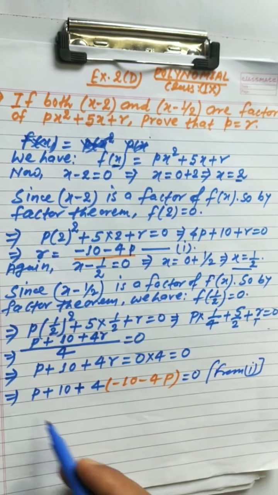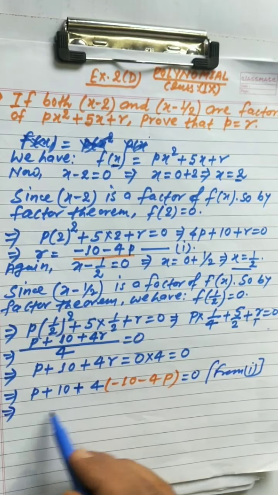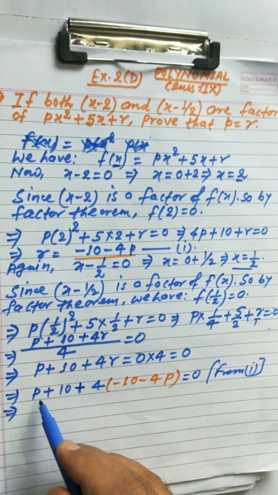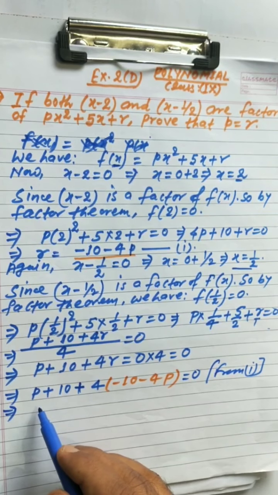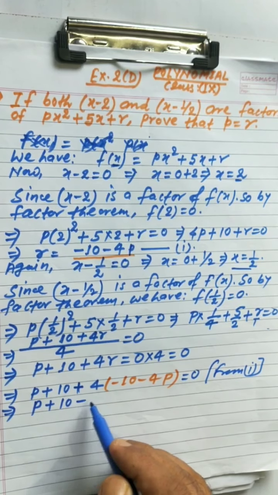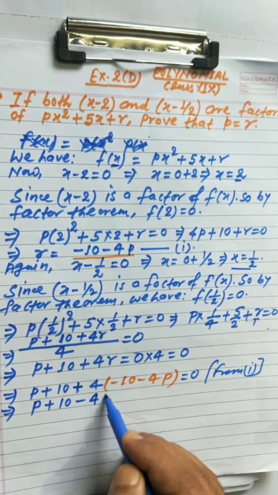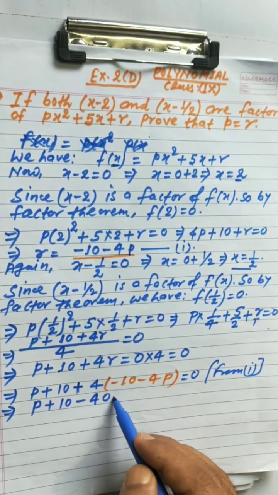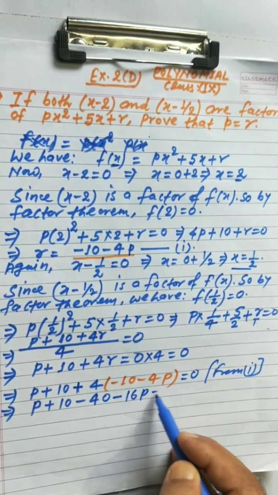Now let us simplify it. p plus 10 minus 40 and minus 16p is equal to 0.